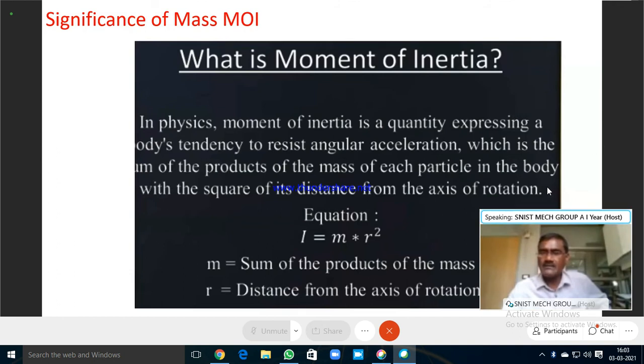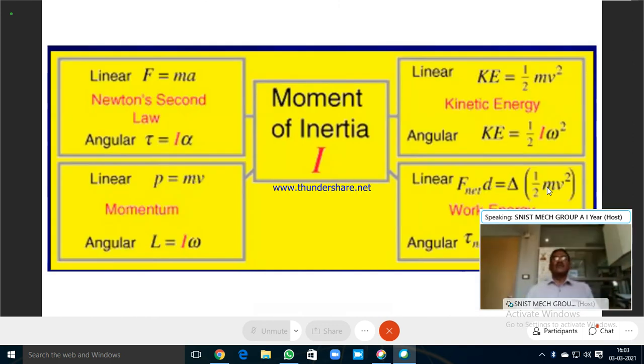Let us see where it is useful. Your mass moment of inertia, which is shown with symbol I. You see that when the body is undergoing linear motion, F is equal to mass into linear acceleration A. And when a body is undergoing rotation, the torque T is equal to I into alpha, where I is the mass moment of inertia, which is shown in red color.